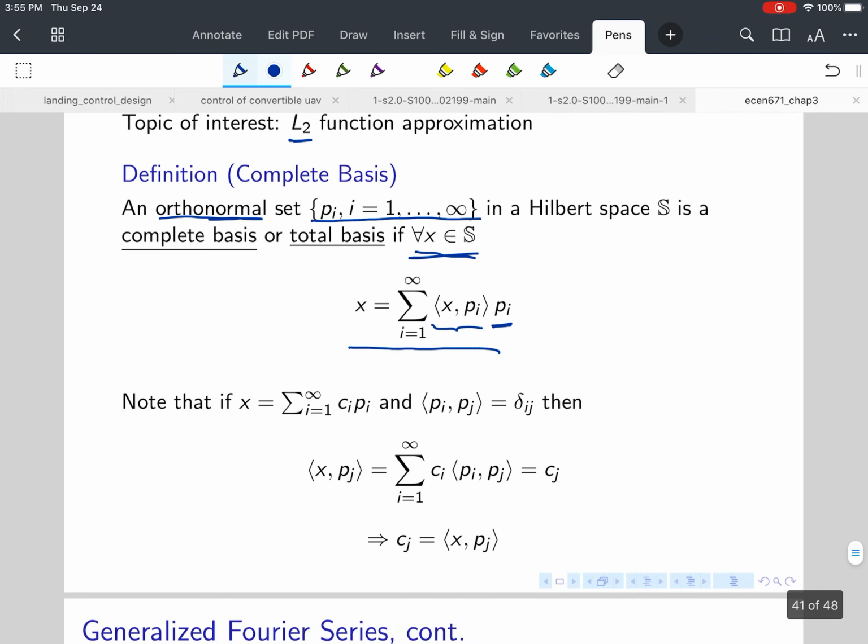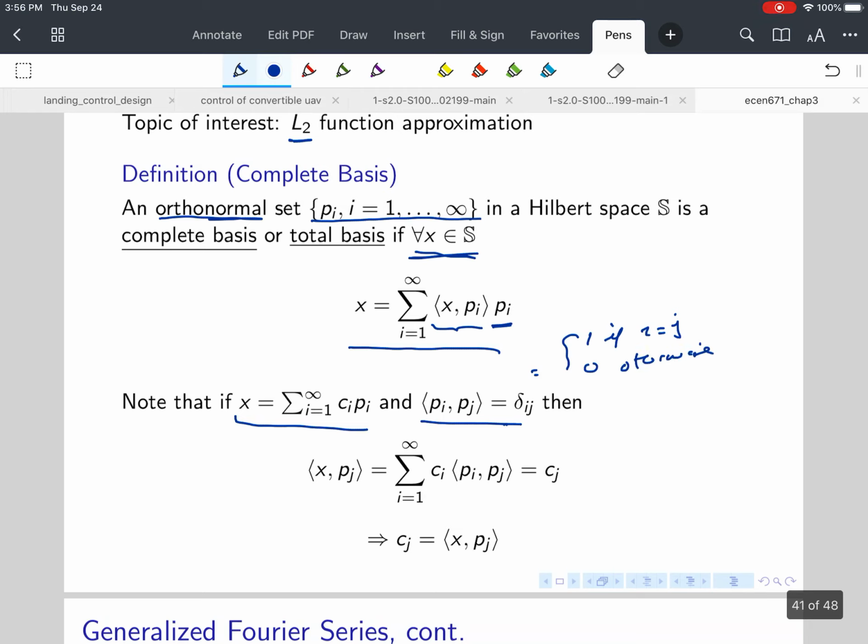Notice that if you were to let x equal the sum of ci pi, and we know that it's an orthonormal basis, so the inner product of pi with pj is equal to delta ij, which is equal to 1 if i is equal to j, 0 otherwise.